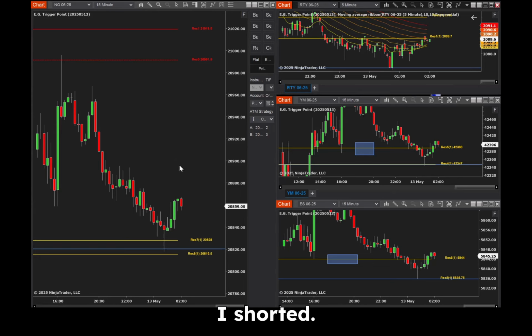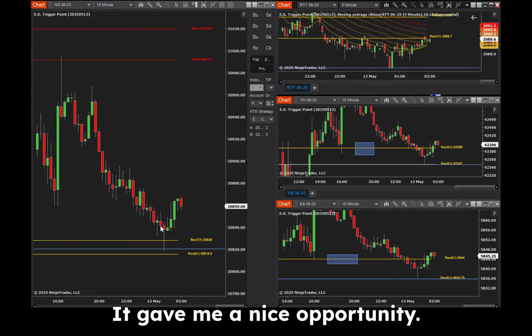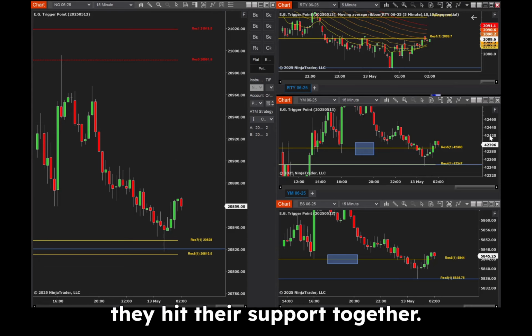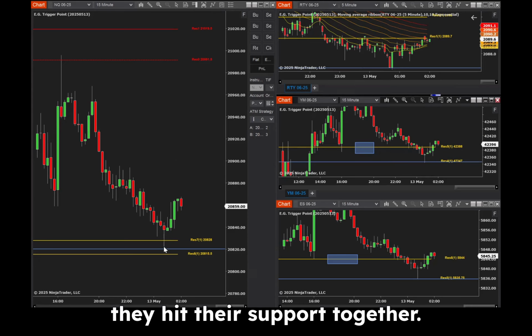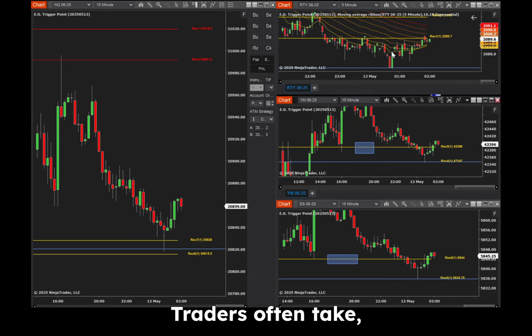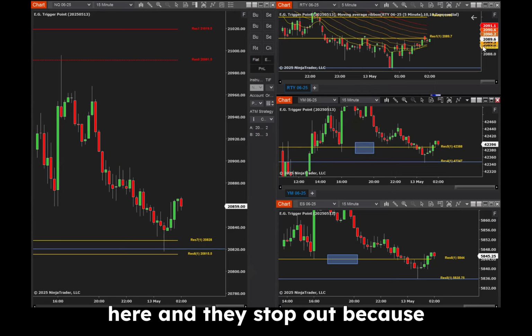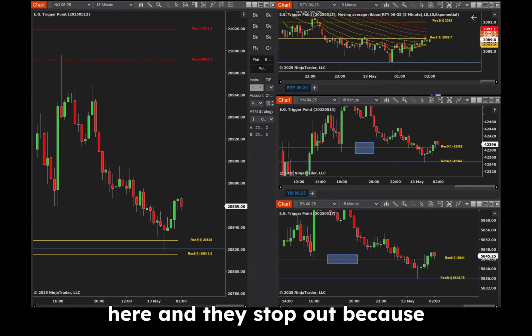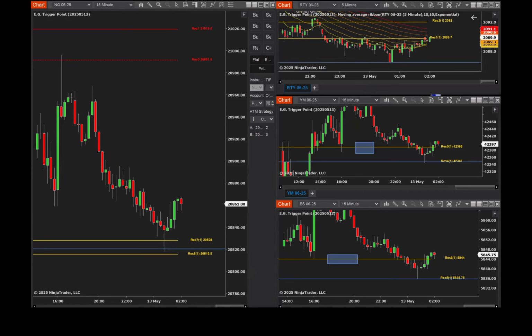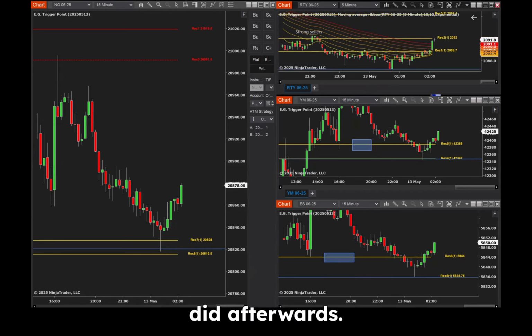I shorted here, okay? It gave me a nice opportunity. But then they hit their support together. Traders often place a short limit order here, and they stop out, because this is what the market did afterwards.